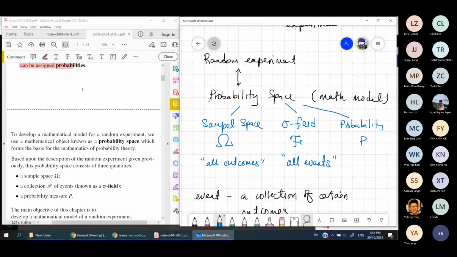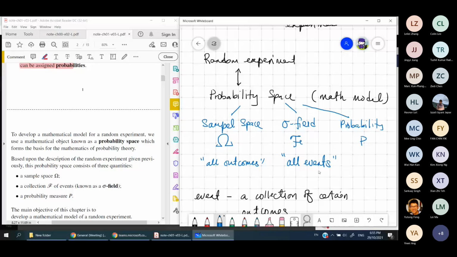Then we use this model, this formulation, the so-called probability space. There are three important elements in a probability space. First, the sample space, meaning all the possible outcomes. Second, the so-called sigma field, which is a collection of all the events. Finally, we must have an operator with which we can assign a probability to each of the events.